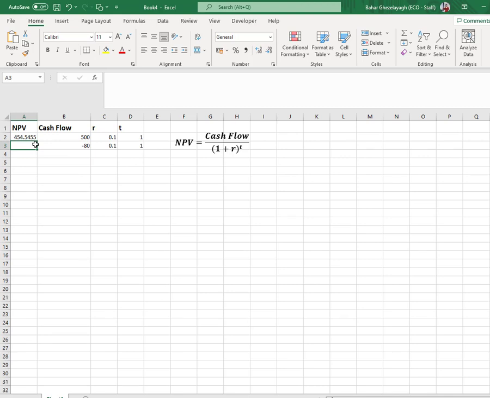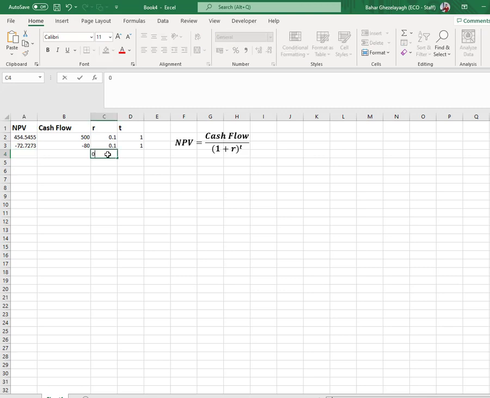So here I say this equals cash flow divided by, brackets open, 1 plus 0.1 and brackets close. So you see that the net present value of minus 80 is minus 72.7273.